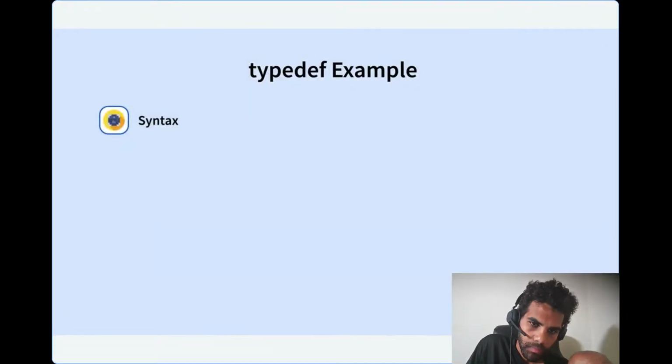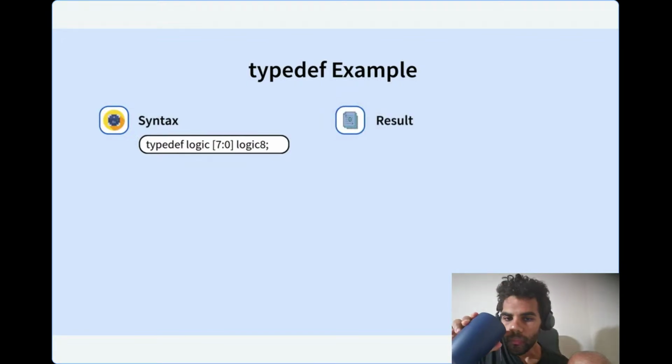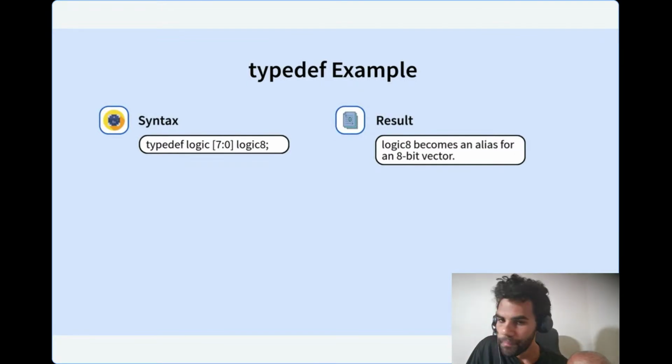For example, if we want an 8-bit logic type, we could write typedef logic [7:0] logic8. So in this example, we are creating a new type called logic8. And by using typedef, we tell SystemVerilog that logic8 is just another name for an 8-bit logic vector.